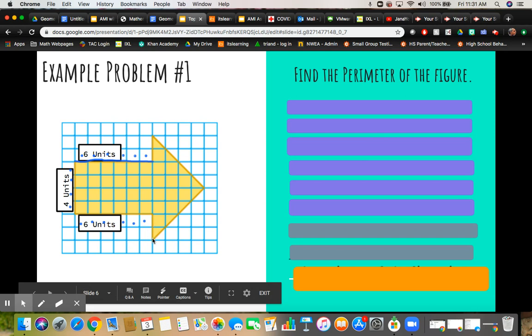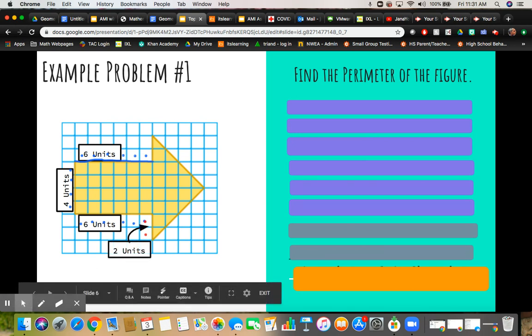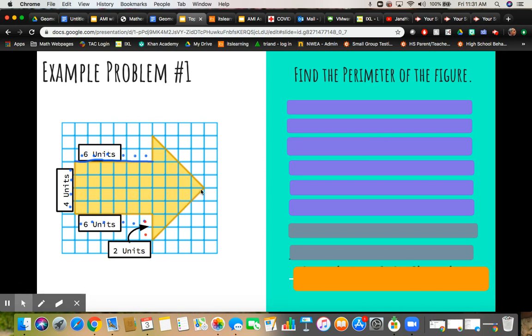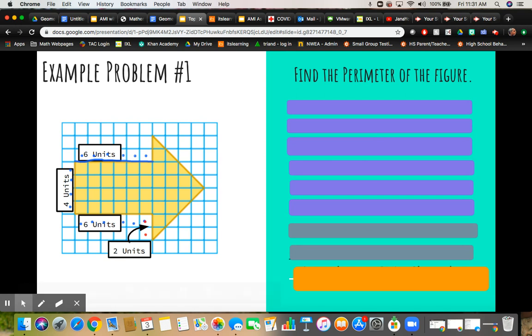And now I'm going to this little portion here that kind of dips down. And I'm going to use a different color to show. So I have 1 square here, so that's 1, 2. So that's only a total of 2 units. And then I'm looking at what looks to be a diagonal. And we talked about diagonals, how we can't count the length of a diagonal, that we had to use 2 different ways to do it.